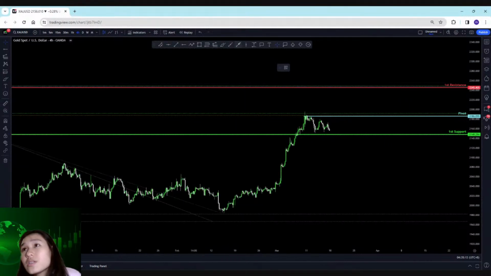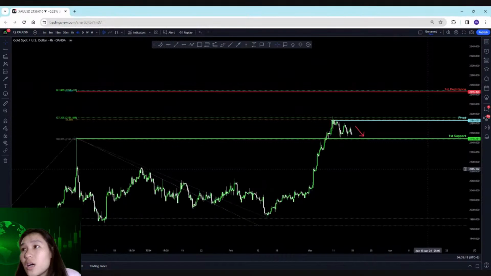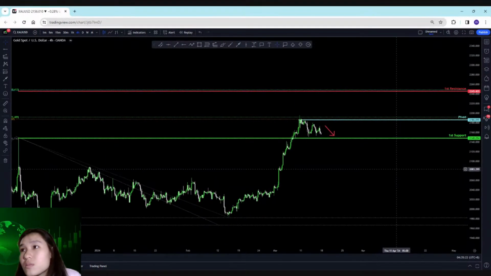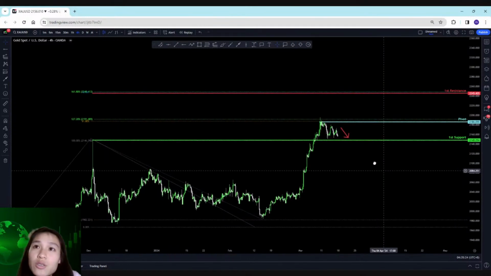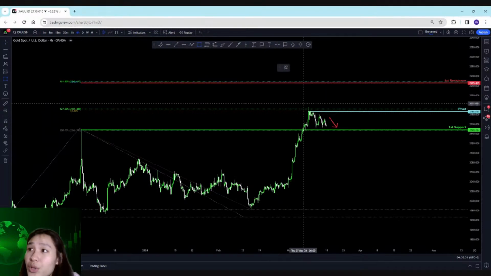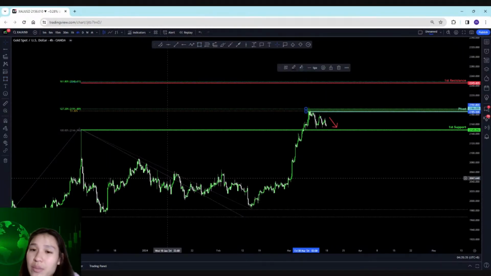So we'll probably see it continue to drop over here towards our first support. But we'll see if price continues to be attracted to this level here, since it is a confluence area. Price might still be attracted and reverse off our first support and head back to our pivot.